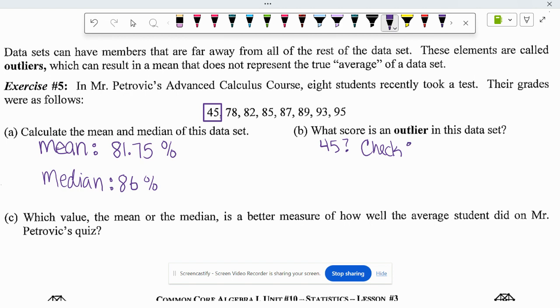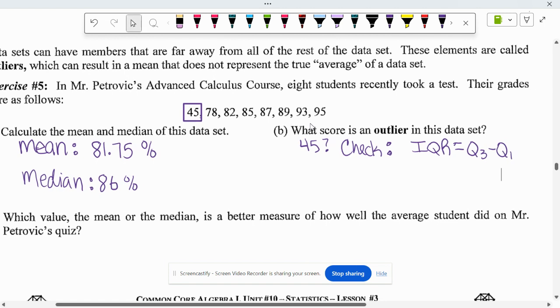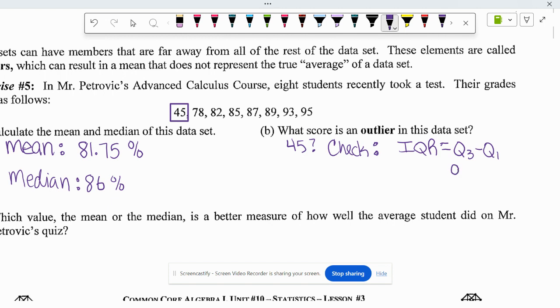So how do we check for outliers? Well, our outlier is on the low side, right? So the first thing that we need is the IQR. That's my interquartile range, which happens to be Q3 minus Q1. So what is Q3? 91 minus Q1. So 91 minus 80 is 11. So my IQR is 11. Okay.